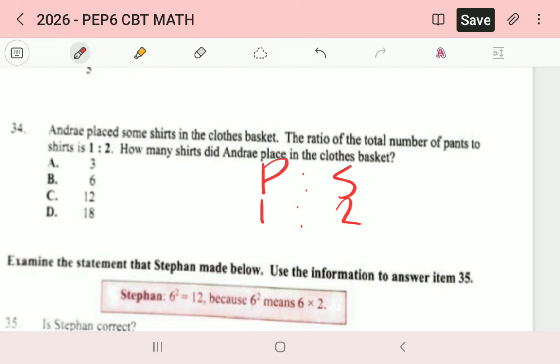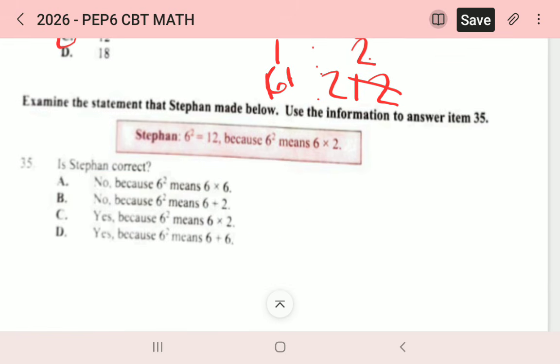So we know pants is 6. We now need to know what 6 will go into 2 times, and that's 12. So 6 into itself is 1, 6 into 12 is 2, a 1 to 2 ratio, so you would have put 12 shirts in. All right, 34 is C.